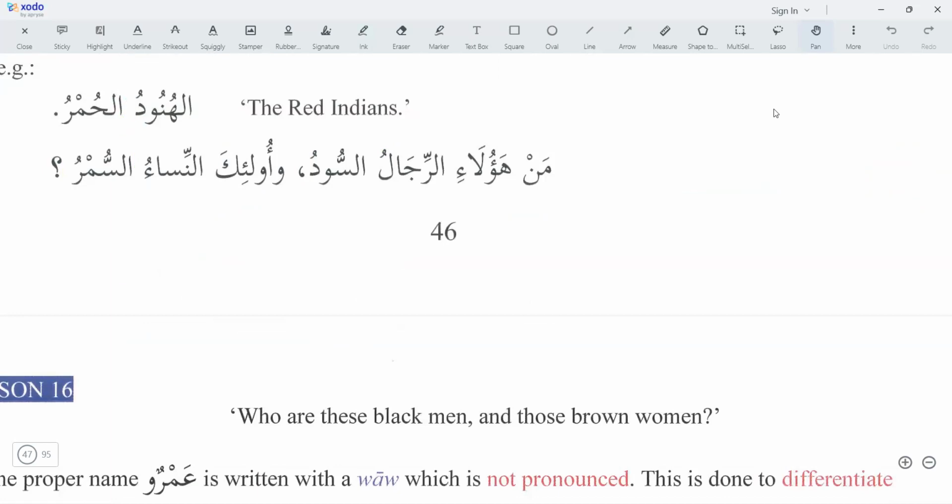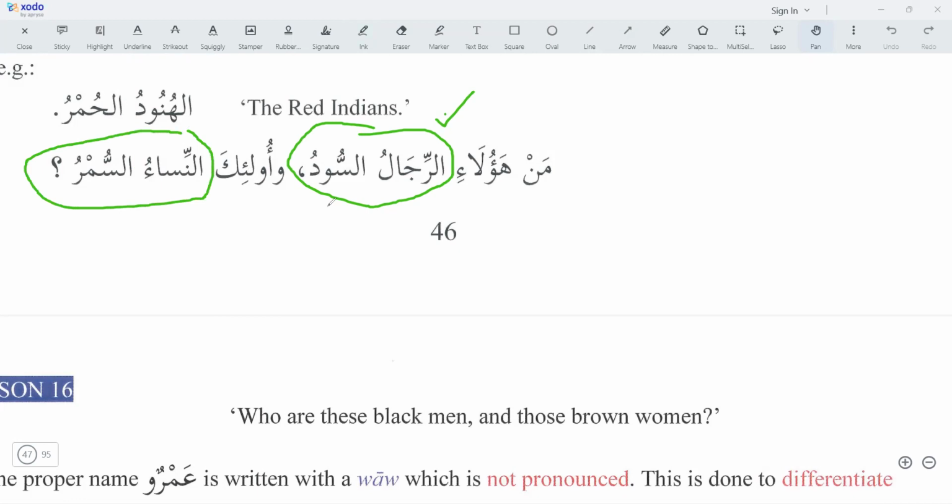Man haula irrijalus udu. Who are these black men? So ar-rijalus udu, they are naat and manut, and they are muzakkar. Wa ulaika nisa us-sumru. An-nisa us-sumru.